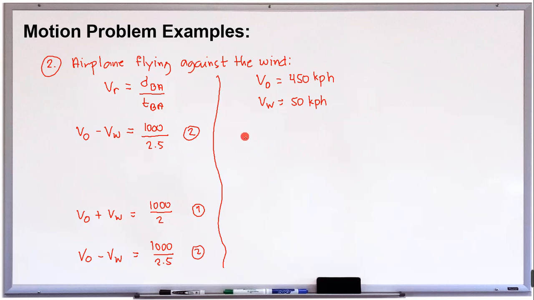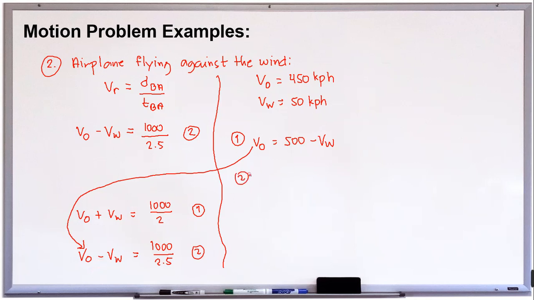Okay, so let's do that. In equation 1, VO is equal to 1000 divided by 2, that is 500, and then minus VW. So we are going to substitute this one to VO in our second equation.